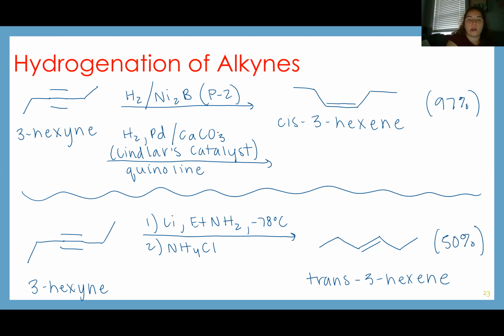The more commonly used one is Lindlar's catalyst, which is hydrogen and then palladium on calcium carbonate. So it's calcium carbonate with palladium metal particles in the presence of quinoline, and you end up with the cis product. So Lindlar's catalyst, I would say, is the more common one.